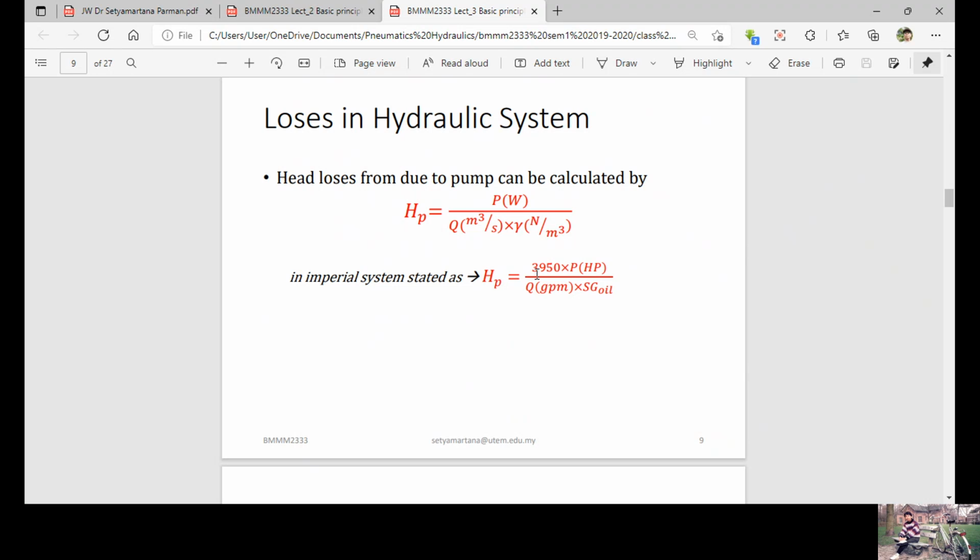Hp equals 3950 multiplied with P over Q multiplied with the specific gravity of oil, for example. Here, P uses the imperial system, so it means horsepower, and Q is in gallons per minute.